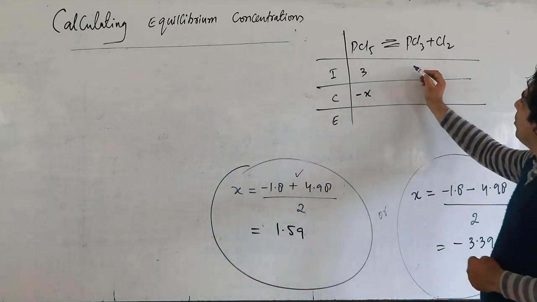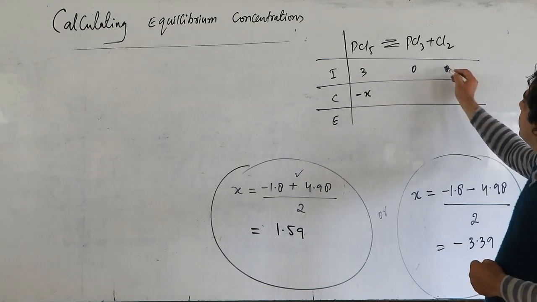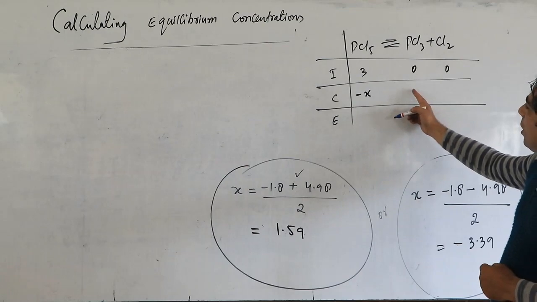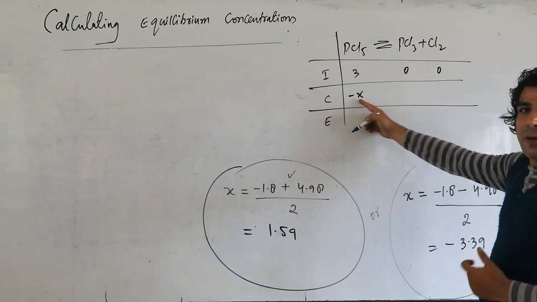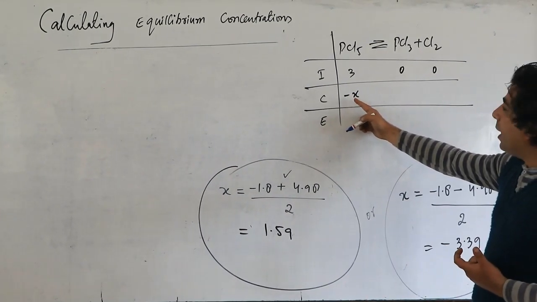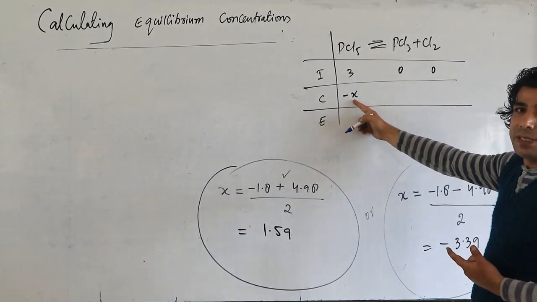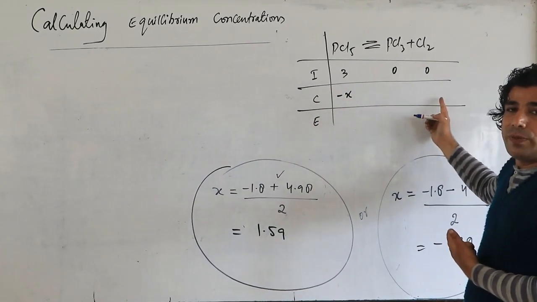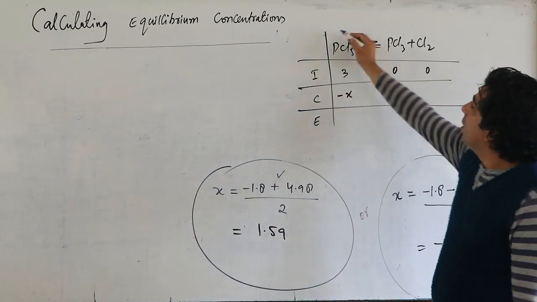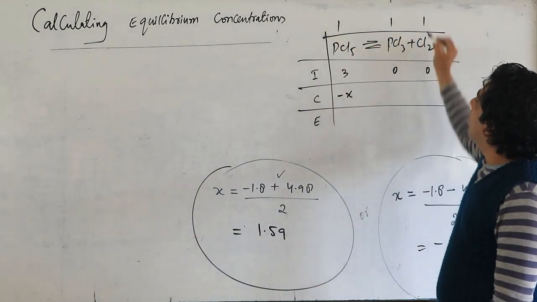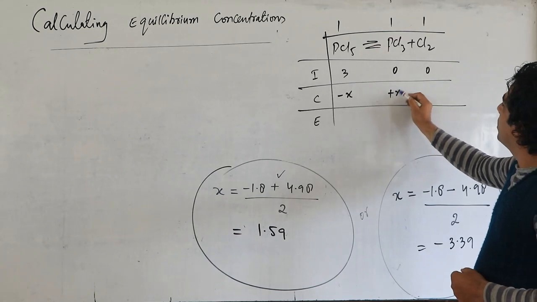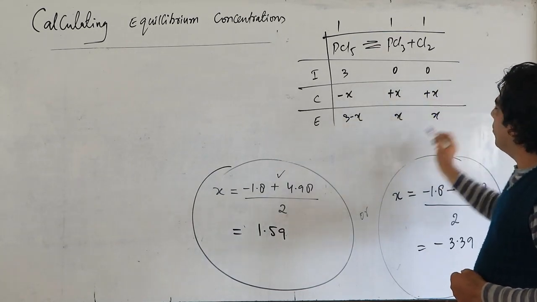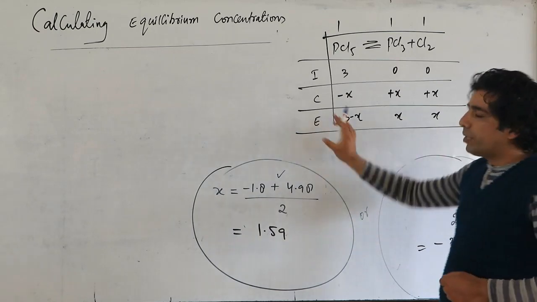And initially how many moles of PCl3 and Cl2? We have 0 and 0. And if you look right out here, how many moles of PCl5 are decreasing? So x moles of PCl5 are decreasing. So an equal amount of PCl3 and Cl2 will be formed, because the ratio is 1:1, my dear friends. So it will be plus x, then plus x, 3 minus x, x and x, my dear friends. This is our equilibrium concentration.